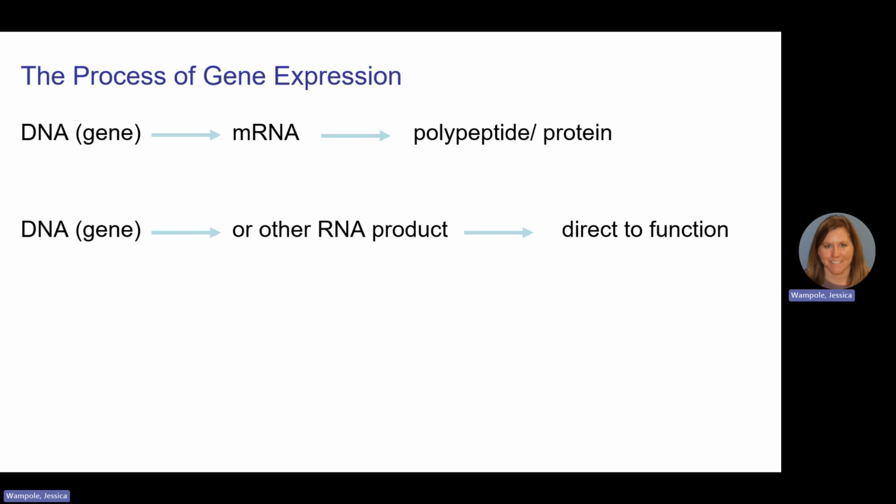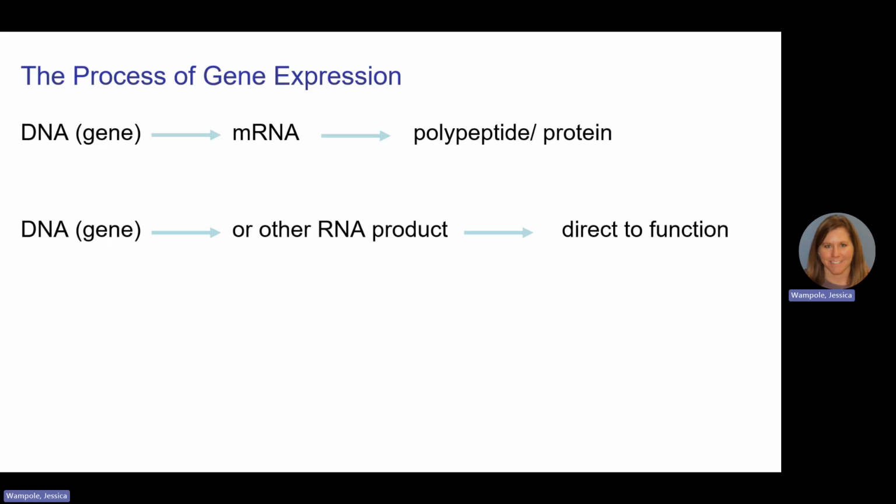And then as we learned a little bit more about what's actually going on in the cell, we learned that one, sometimes genes can make multiple different types of proteins, and then two, that not all genes encode proteins. Some of our genes encode an RNA product that has a specific function.